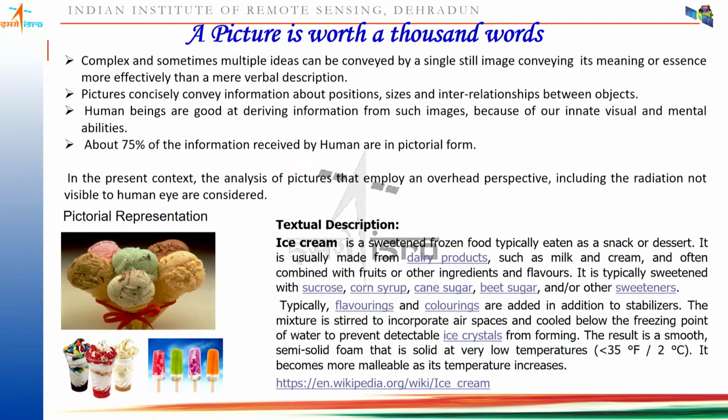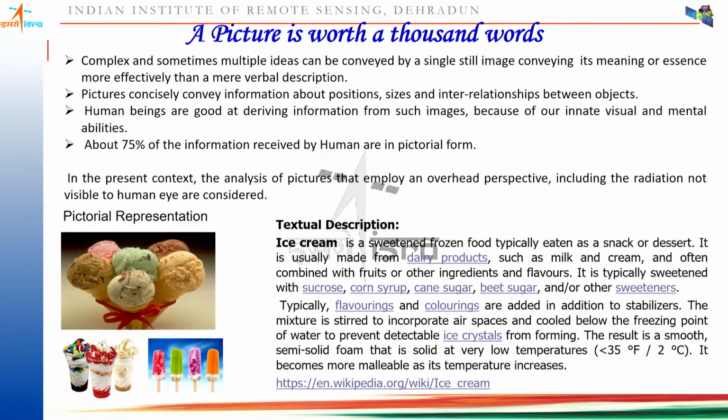But before that, you must have heard the famous Chinese adage that a picture is worth 1,000 words, right? Human beings are very good at deriving information from images because of our innate visual and mental abilities. It is said that about 75% of the information received by humans is in pictorial format.